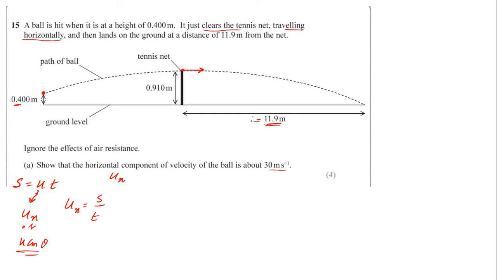11.9. This is the horizontal distance, but we do not have the time in which the ball is traveling that distance. But the idea is we use this vertical height to figure out the time, because the time taken for this vertical height and the time taken for this horizontal distance is always the same, because horizontal and vertical motions of a projectile are independent from each other.